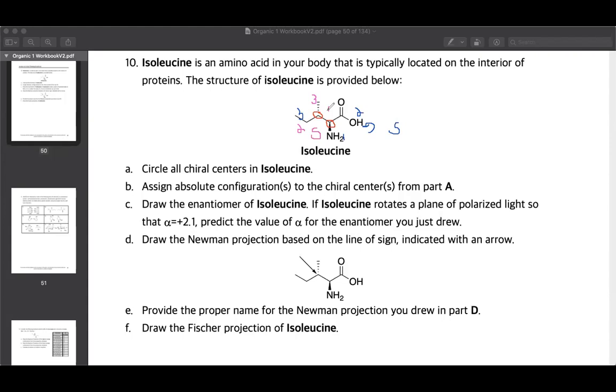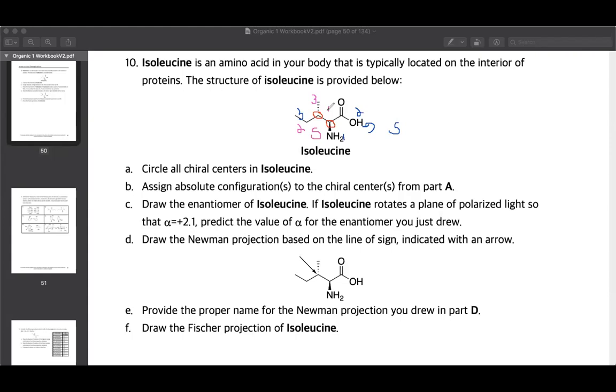Does that make sense? It's just the opposite of whatever the number is. There's no way that you guys know how to calculate alpha. Yes, there's a formula that exists in the world, but in terms of your class, you don't cover that.